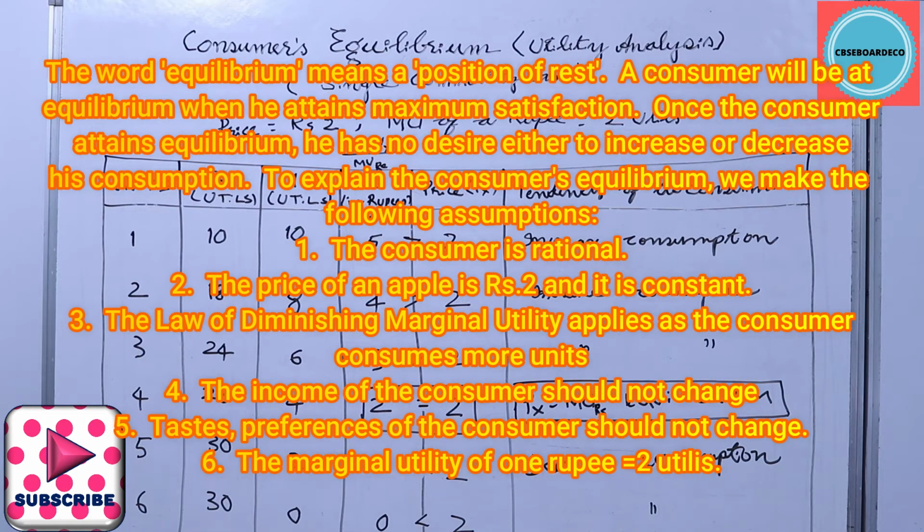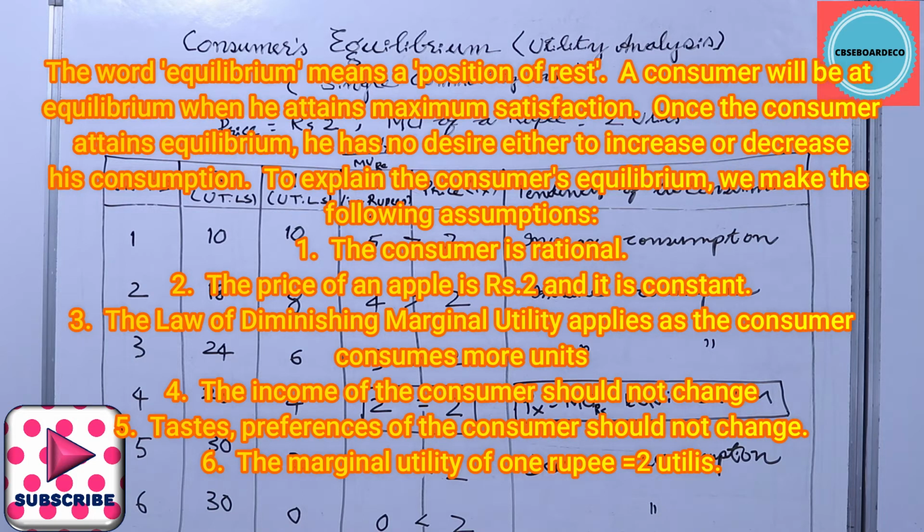That means MU in terms of money should be equal to the price. Suppose you are paying 100 rupees for a commodity, you should be getting utility worth 100 rupees.